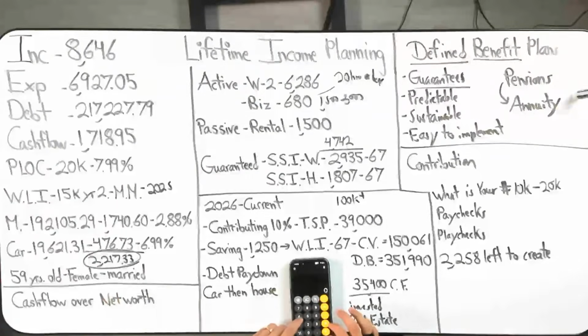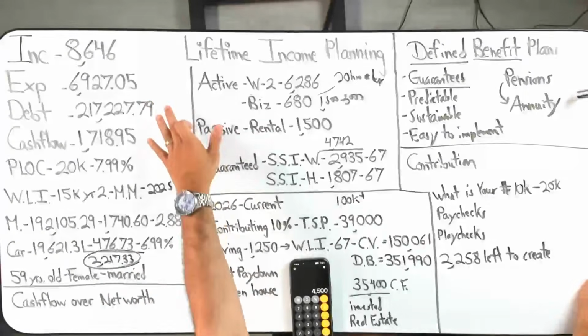Let me show, this is rough estimate, how long it would take us to become debt free. So 1,740.60, and then we've got 1,700 in cash flow, and we're saving $1,250 a month. So I'm going to round down and say 4,500.